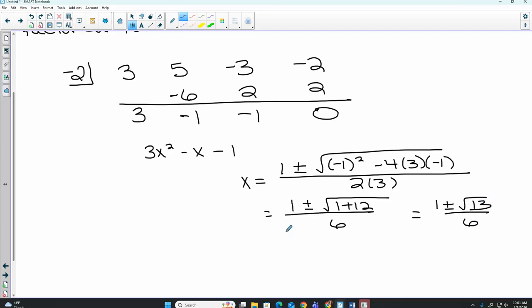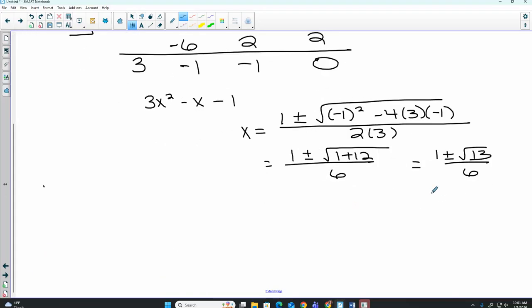What are these numbers? Is this the factored form or the remaining zeros? Remaining zeros.